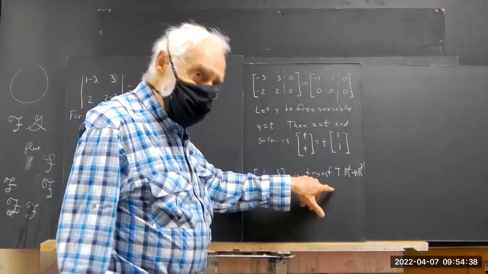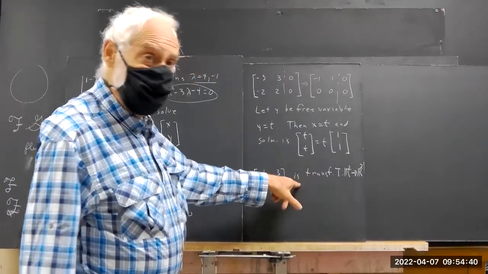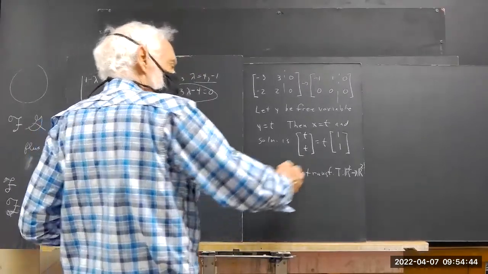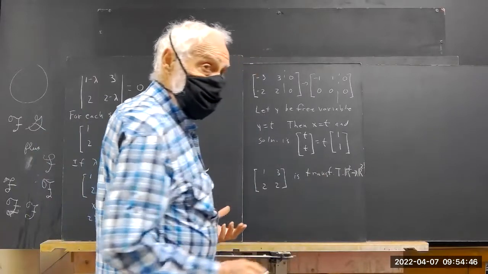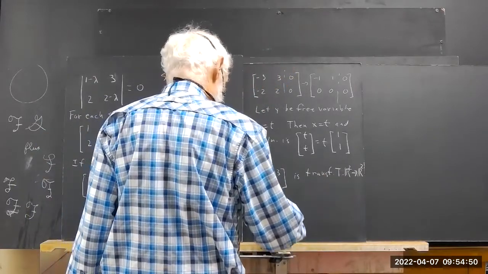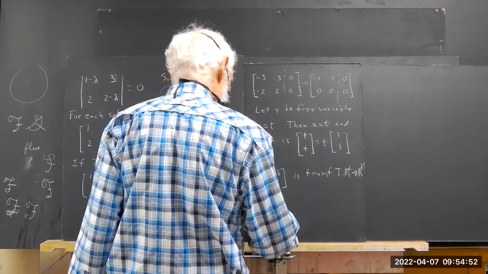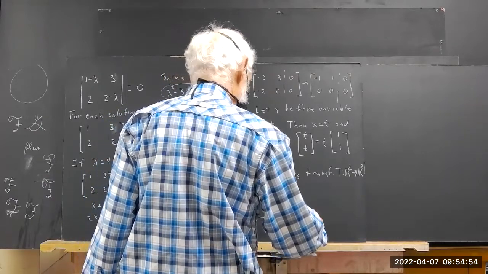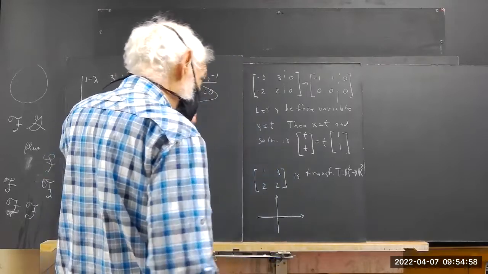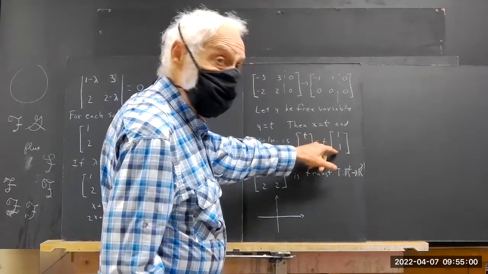I should say it represents a transformation, but I didn't have room to write represents. It represents a transformation from R2 to R2, which we can illustrate. And so here we've got R2, and here we've got the vector 1, 1.